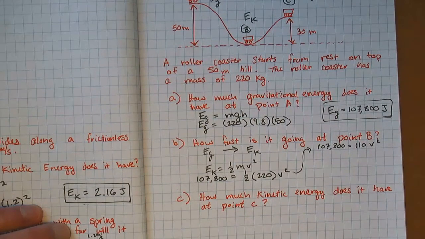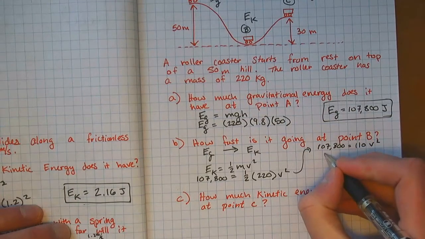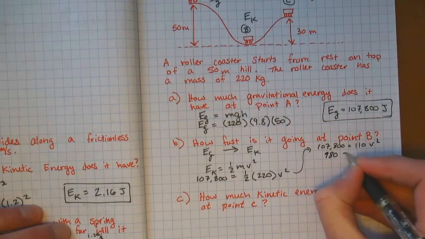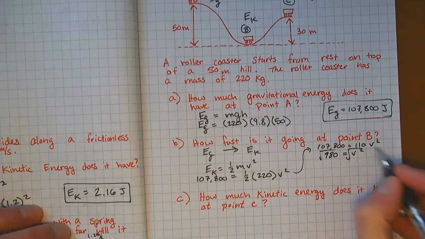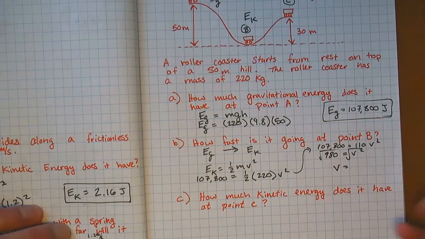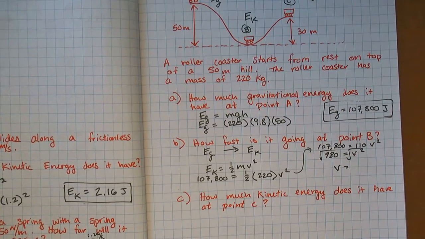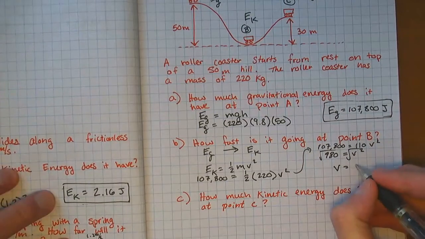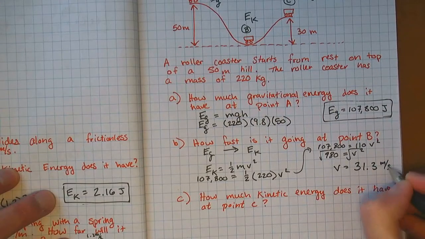Divide by 110, and it gives me 980 equals v squared. Square root both sides. The square root of 980 is going to give me 31.3 meters per second.